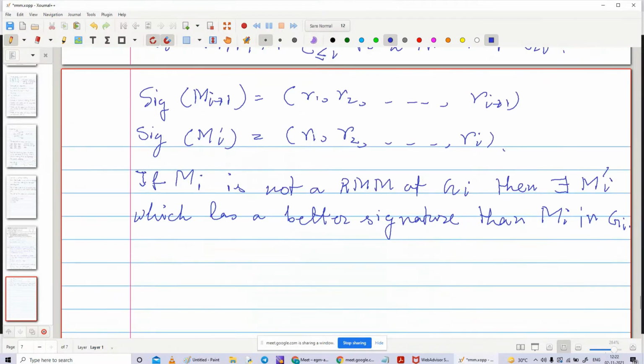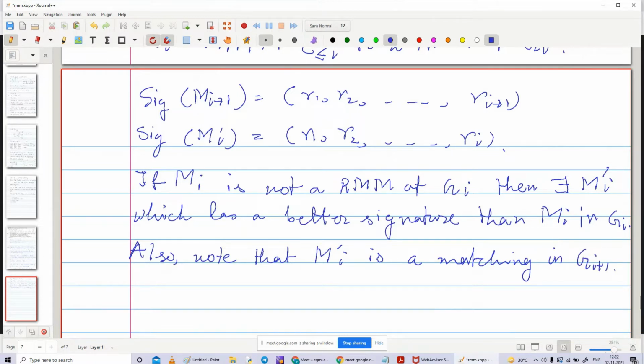Now we can note that M prime i is also a matching in Gi plus 1. Why?